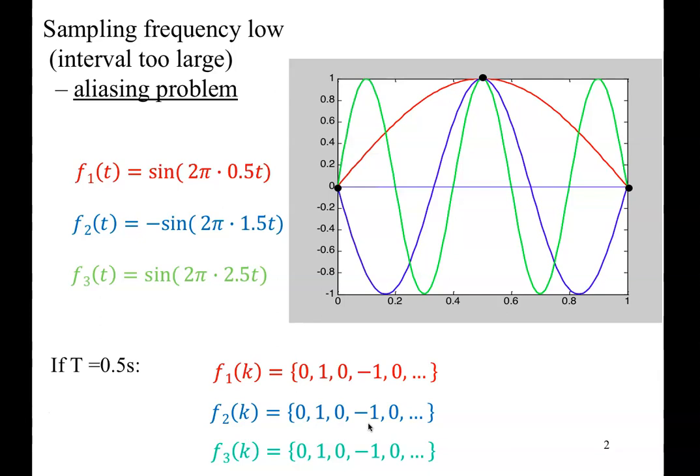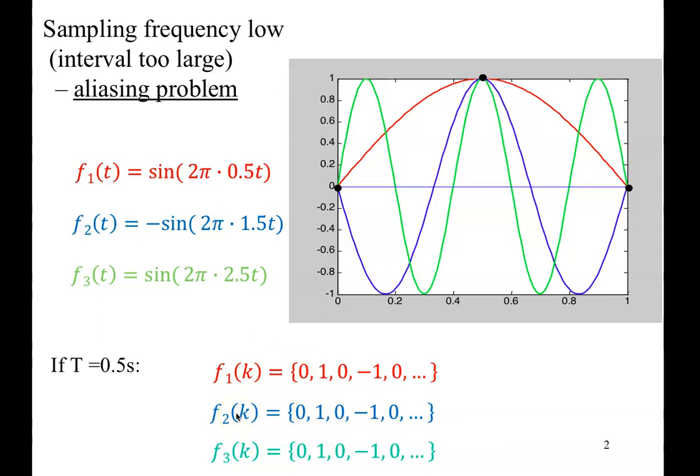This kind of problem is known as the aliasing problem, due to the fact our sampling interval is not selected properly. We have not got a good enough sampling interval. In this case, the computer will treat the second signal as if it were the first signal. The computer will treat the third one the same way as the first one. So basically, it treats signals or sequences with high frequency as if they were low frequency.